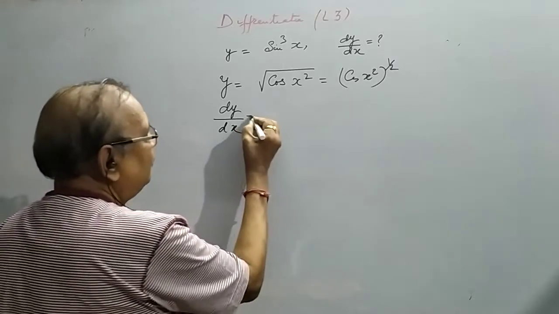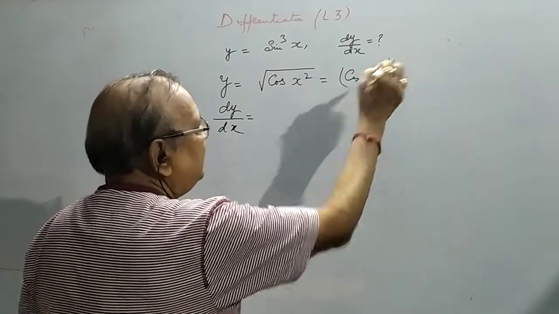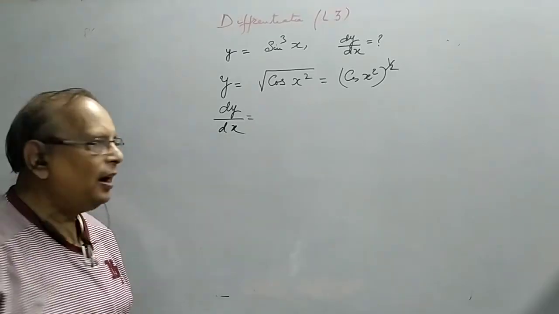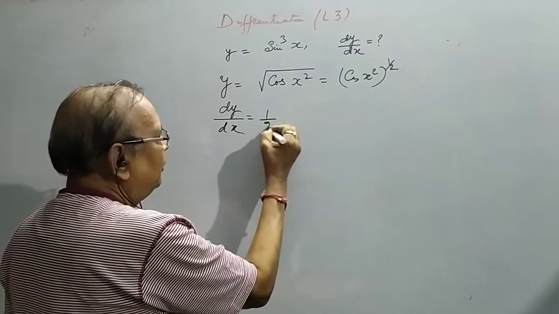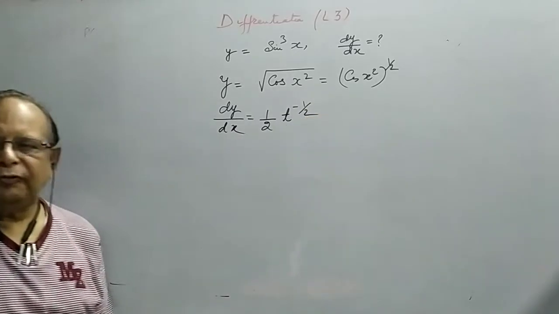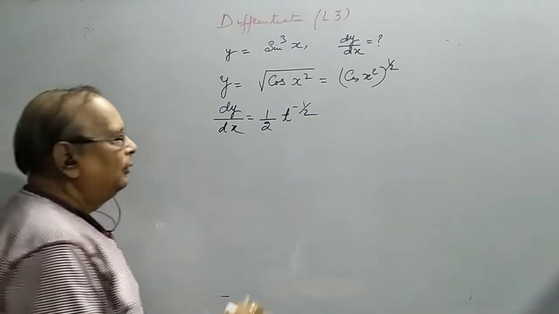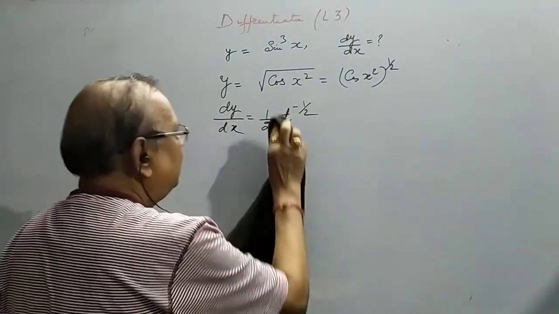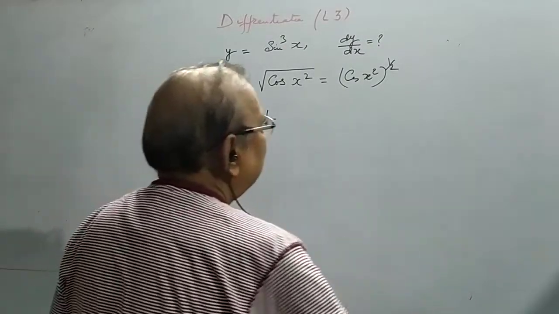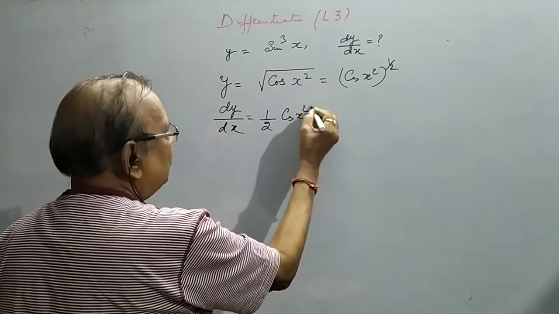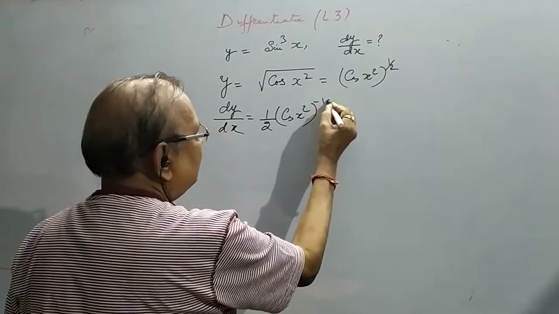That is, t raised to the power half. Differentiation of t raised to the power half is half t raised to the power minus half, as you are familiar. But instead of t, directly we can put cos x square raised to the power minus half.